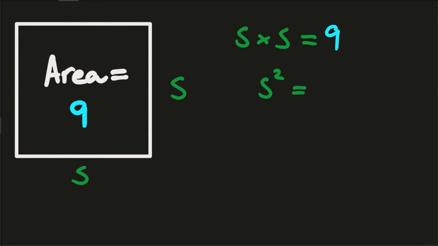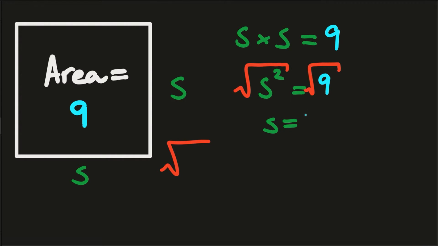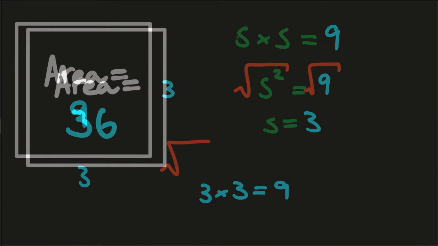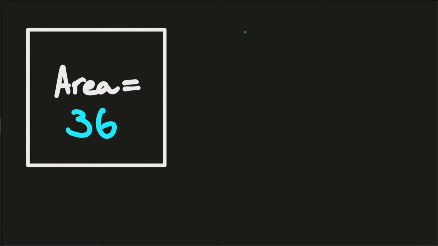We will rewrite this as s squared equals 9, and we can take the square root of both sides, meaning that the side length is equal to 3. We can check this by putting these side lengths here, and knowing that 3 times 3 equals 9.